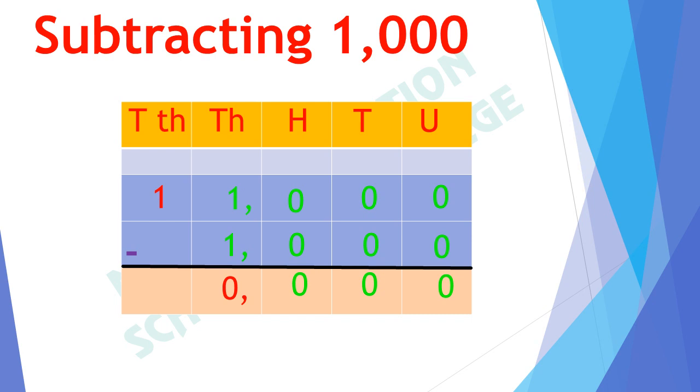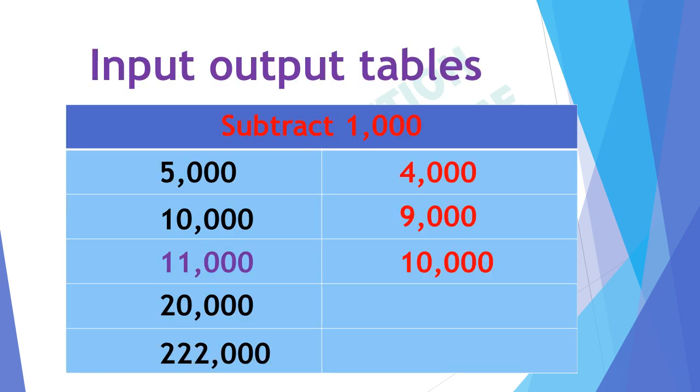Then we move towards the 10,000s. As there is nothing to subtract from 1 10,000, we will write 1 as it is. It means from 11,000, if we subtract 1000, we get 10,000.